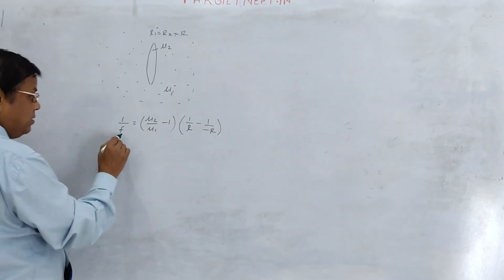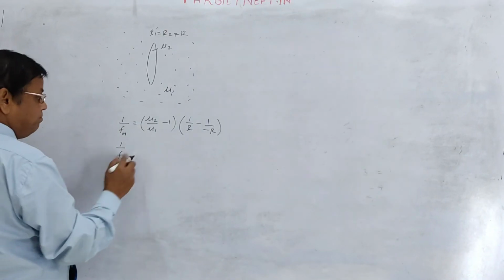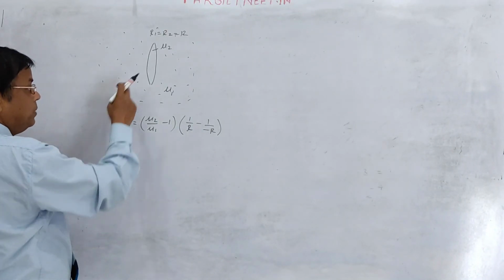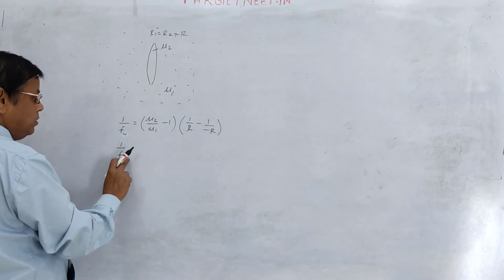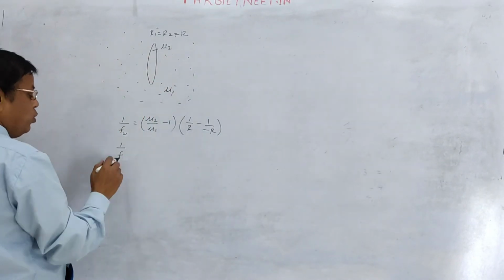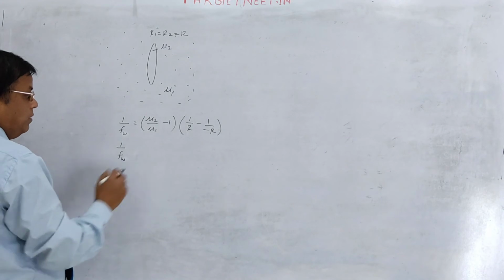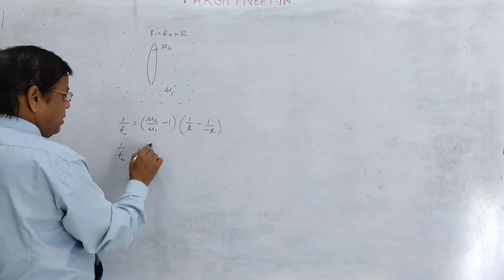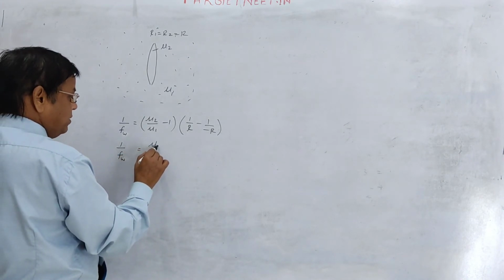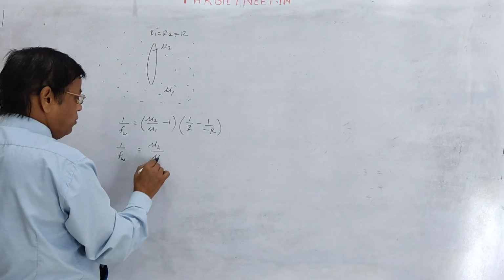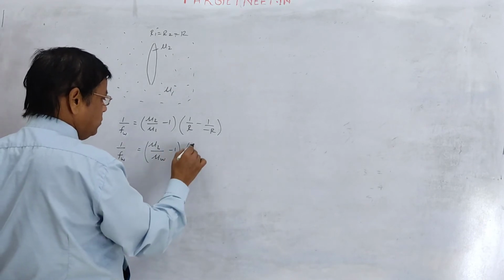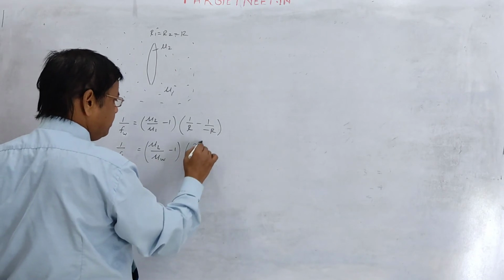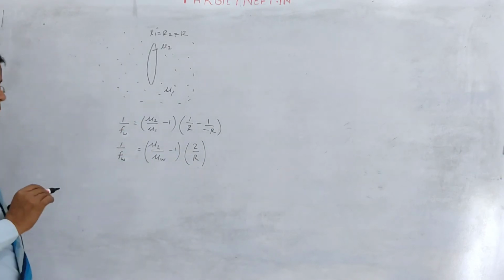So I am writing it focal length of lens in medium, or medium may be water. So you may write focal length of lens in water if you take this surrounding medium as water. Then I have to write it like this: mu of lens upon mu of water minus 1, and this is 2 by R, right?